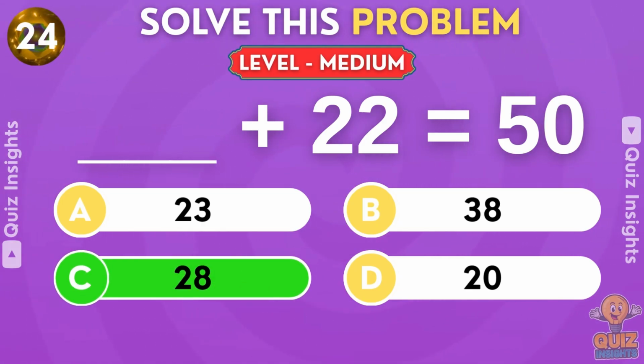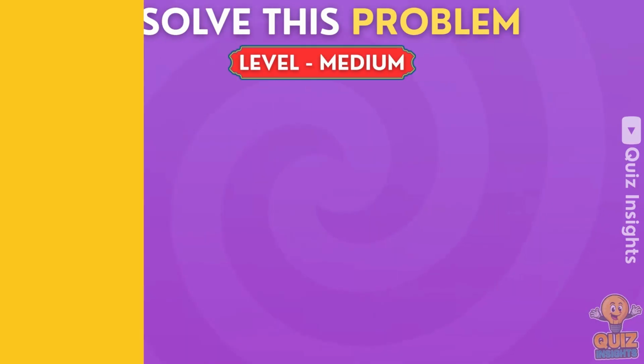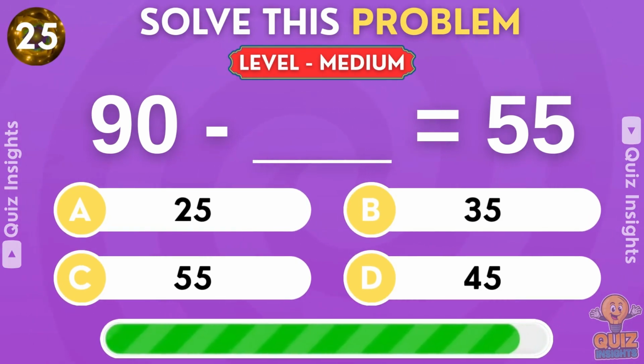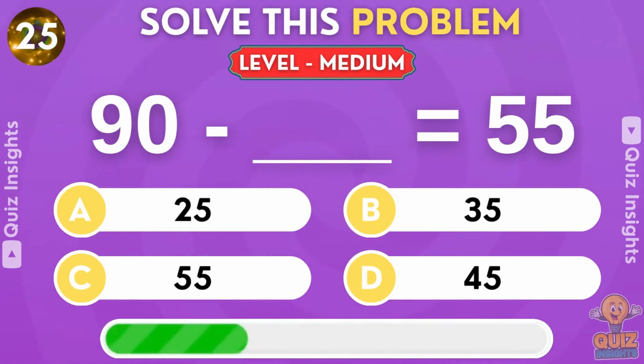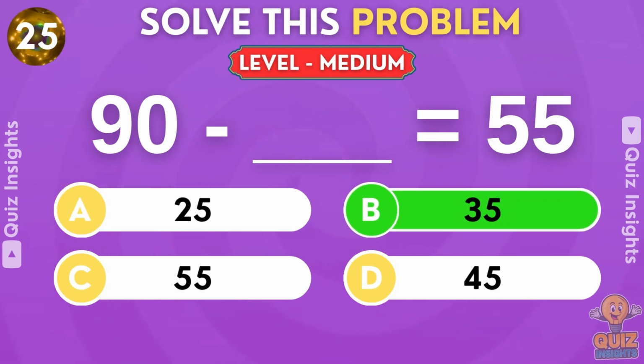Correct answer is 28. 90 minus what number equals 55? Correct answer is 35.